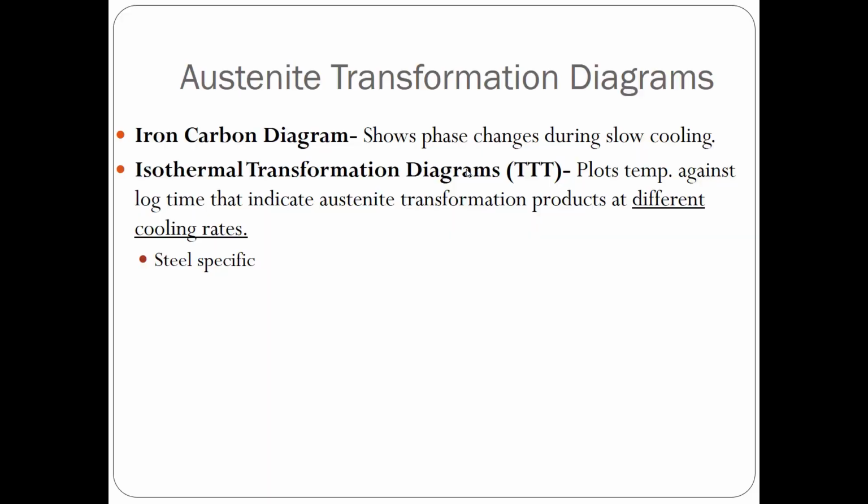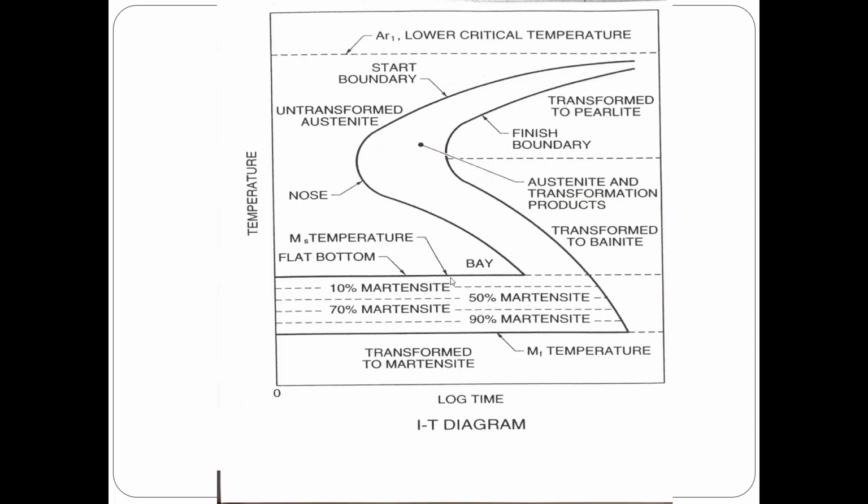The isothermal transformation diagrams will not be on the exam, but what we do need to know about them is what happens. In the isothermal transformation diagram, we have temperature on the vertical and time on the horizontal.